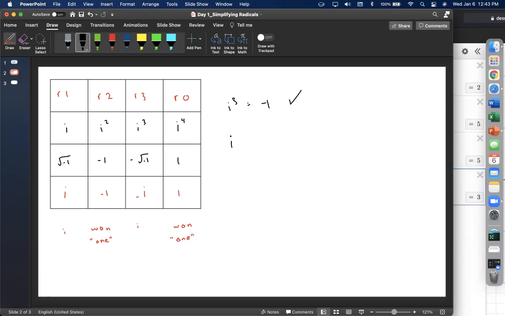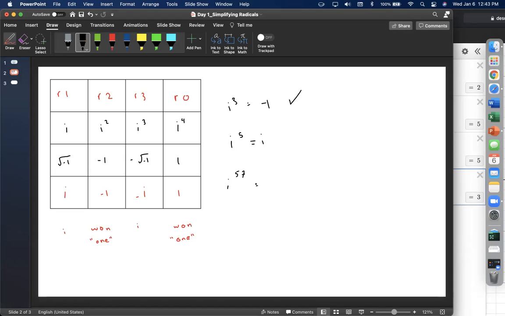What if I asked you, what is i up to the fifth? Well, we have a pattern, and after i up to the fourth comes i up to the fifth, which would correspond with i. And eventually, you are going to get a problem that asks you, what is i up to the 57th power?